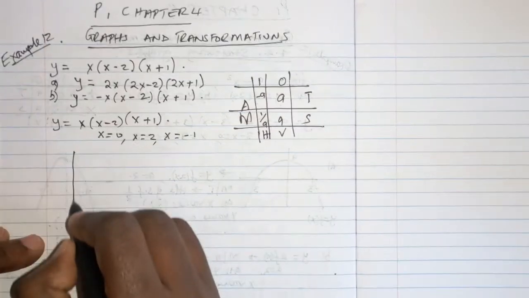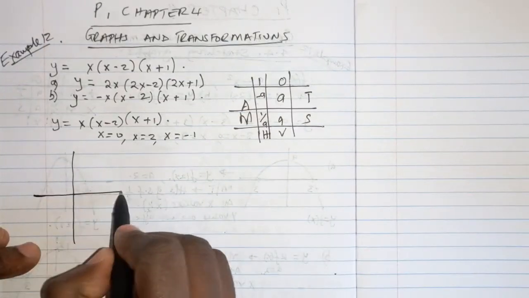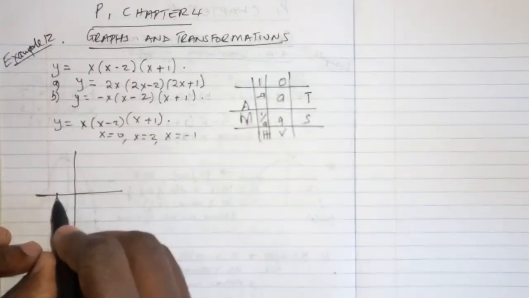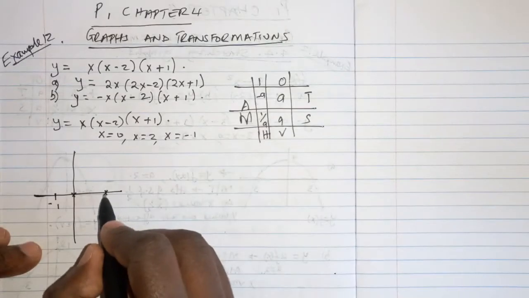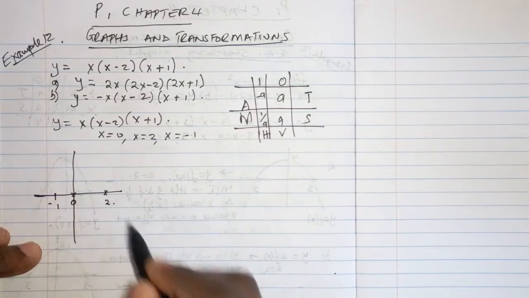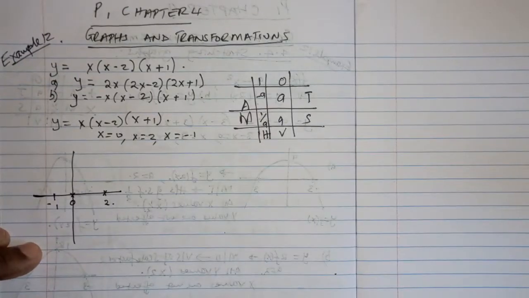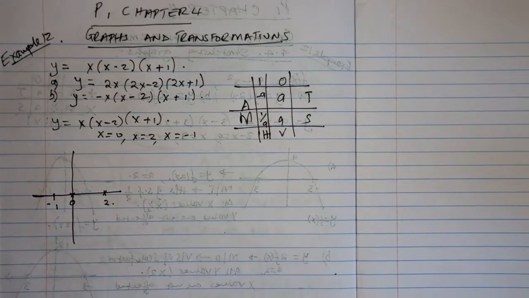And we can easily plot them here: x is equals to negative 1, x is equals to 0, and x is equals to 2. But for this one, we will have to apply the x tending to infinity method so that we can actually know the shape of our curve.